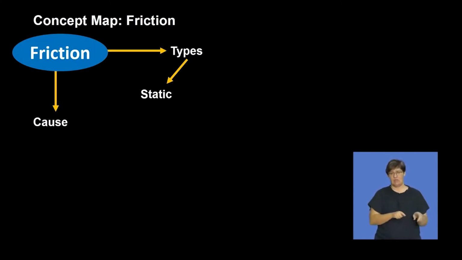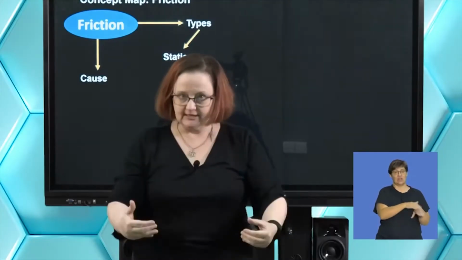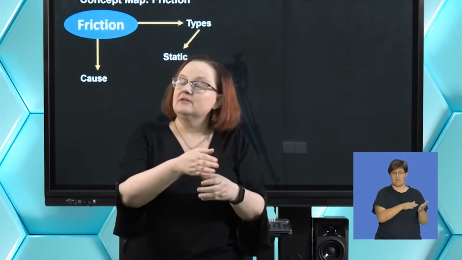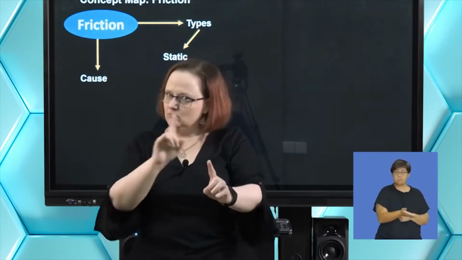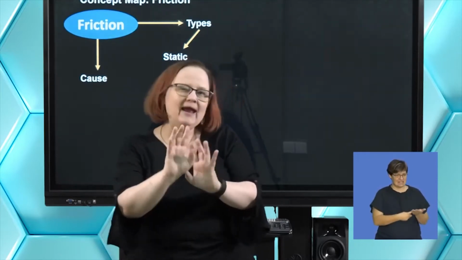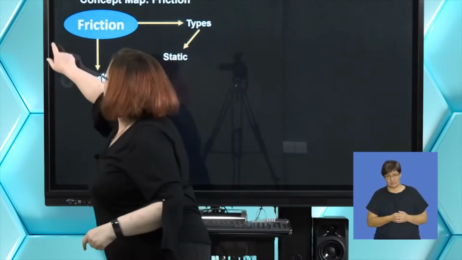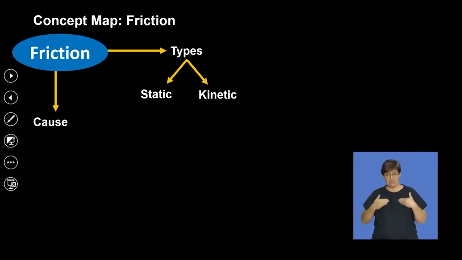Like electrostatics, static electricity, charges, stationary. So when objects aren't moving, there's static friction, but there isn't always static friction. We're going to talk about where there is and where there isn't. As soon as an object starts moving, we get kinetic.